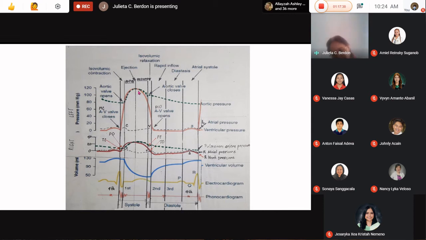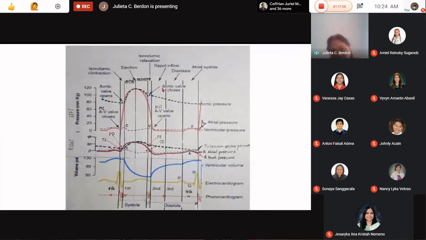Alright. Now, here, ventricular pressure is less than aortic pressure, so towards the end of this phase, aortic pressure is now greater. Therefore, the blood in the aorta will tend to flow back, right?